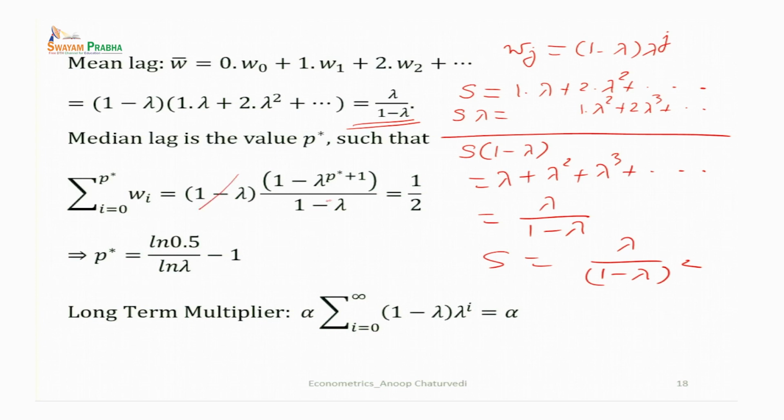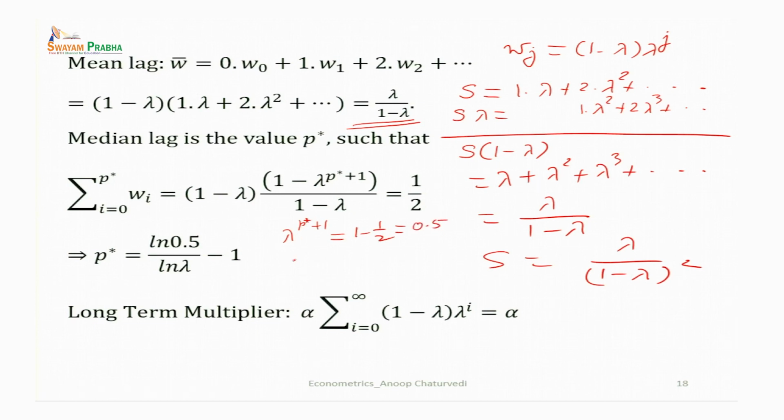Again this 1 minus lambda will cancel out, and you write it equal to 1 upon 2. Then using this relation you can easily obtain the value of p star, say lambda to the power p star plus 1 is equal to 1 minus 1 by 2. So, this is equal to say 0.5 we write it.